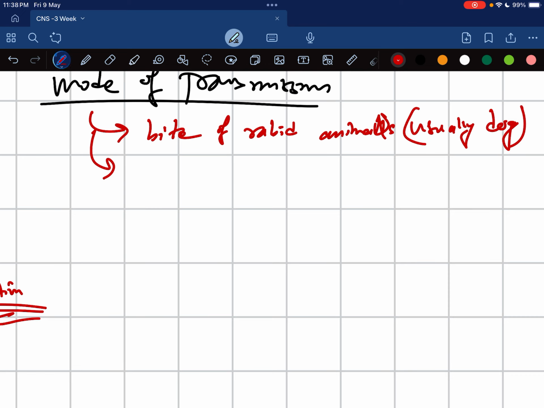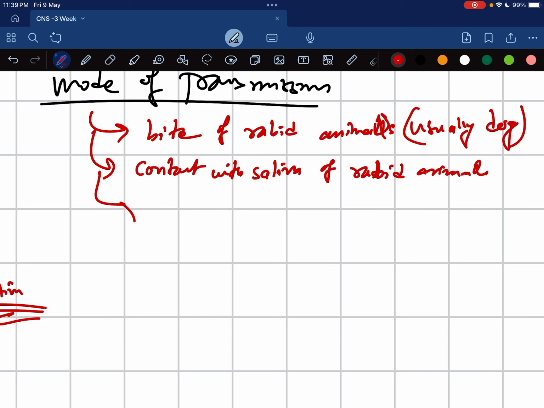If the animal is licking, that is contact with saliva of rabid animals. Or there is inhalation of aerosol virus in a bat cave.